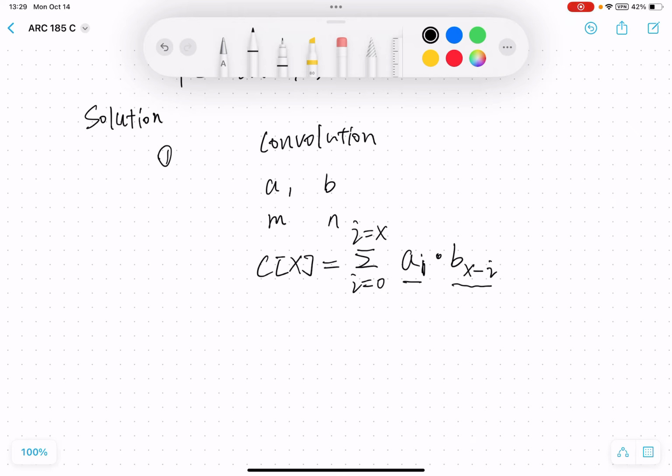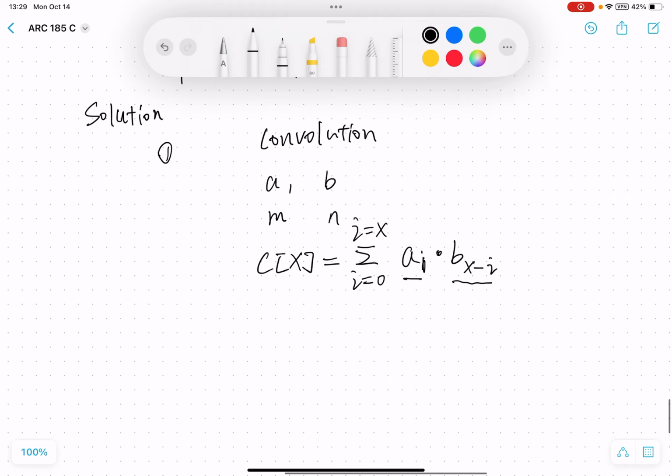You can get the array C, and the time complexity of this process is the time complexity we will discuss.